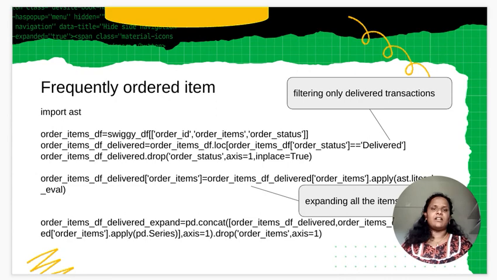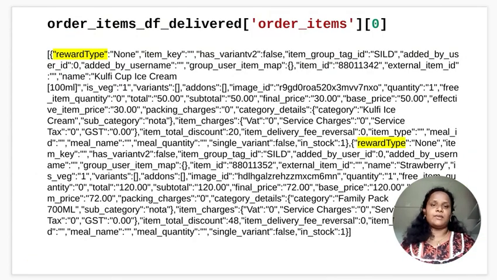Then I'm expanding because if you see the order items, for each and every item they have added a JSON into the main thing.